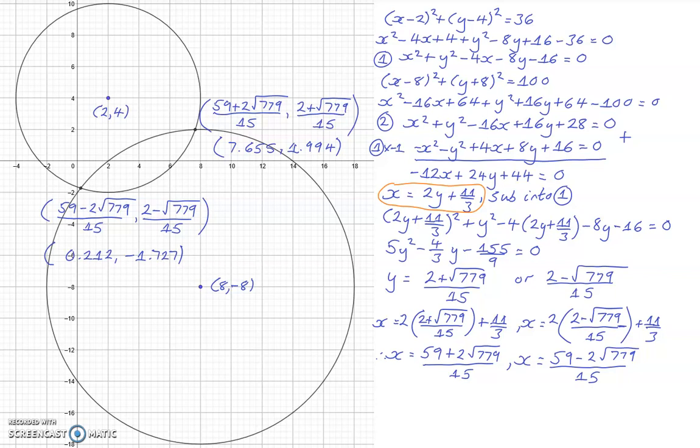So you can see that the y coordinate of this point here, the upper point, is almost 2. So 1.994 checks out. The x coordinate is around 7.6. Well, that's correct as well.